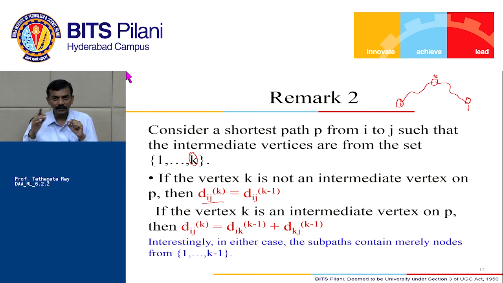Otherwise, if the vertex k is indeed an intermediate vertex, then D_ij^k is nothing but D_ik^(k-1), meaning the remaining intermediate vertices are from 1 to k minus 1 as I go from i to k, followed by D_kj^(k-1) as I go from k to j. What are the intermediate vertices there? They lie between 1 to k minus 1 because I have utilized k. So interestingly, in either case, the subpath contains merely nodes from 1 to k minus 1.